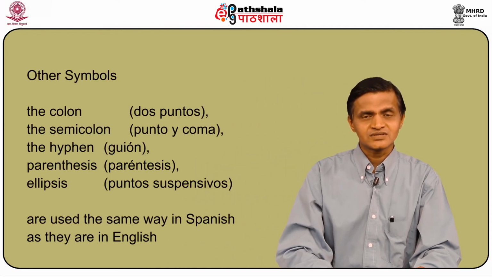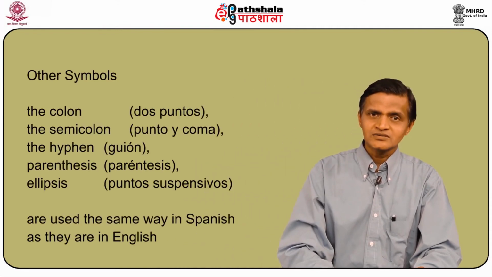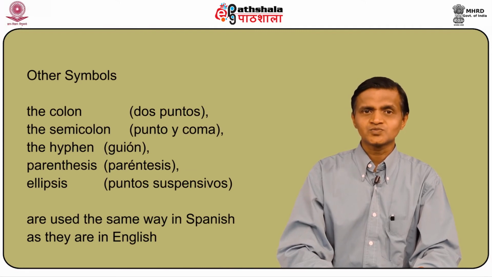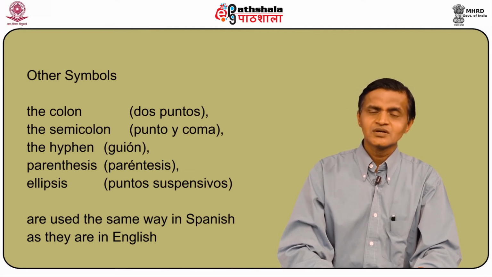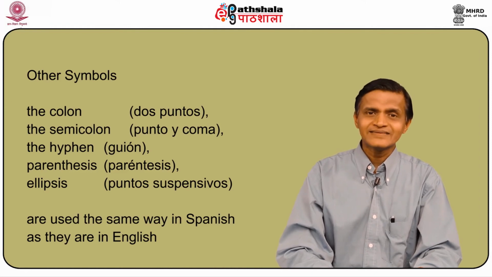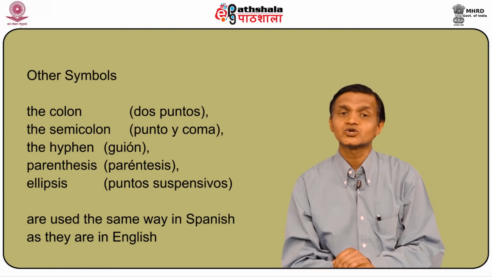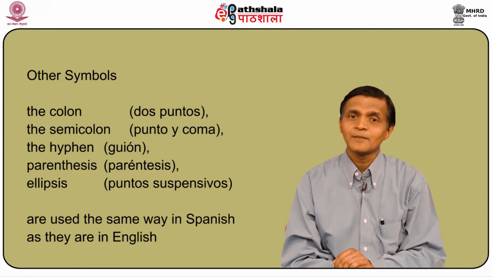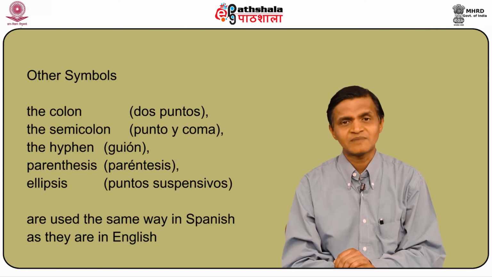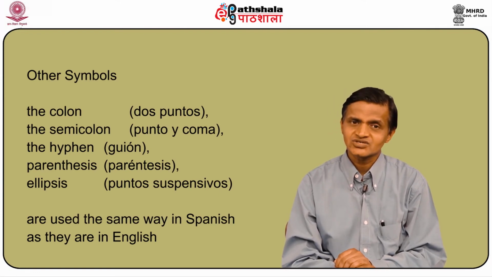Other symbols, although they are less common, the colon, dos puntos, the semicolon, punto y coma, the hyphen, guion, paréntesis, and the ellipsis, puntos suspensivos, are mainly used in the same way in Spanish as they are in English.